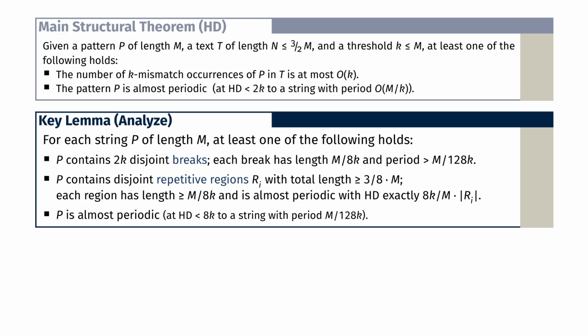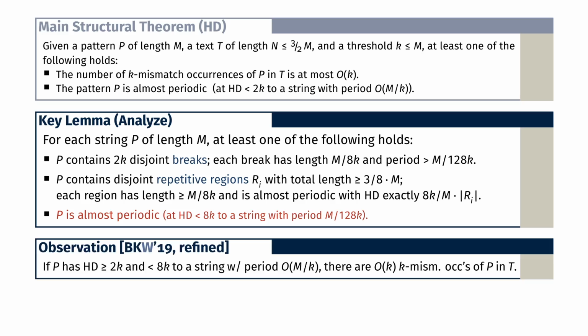Let me quickly demonstrate why this key lemma is all we need. First, if we are in the almost periodic case, we are almost good already. Note that we just need to reduce the number of mismatches to the periodic string. To that end, we use this observation.